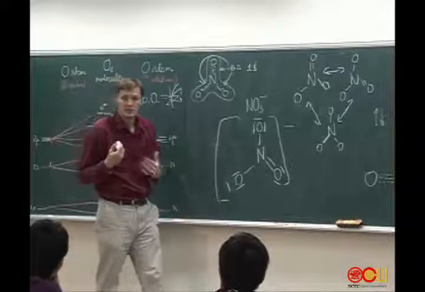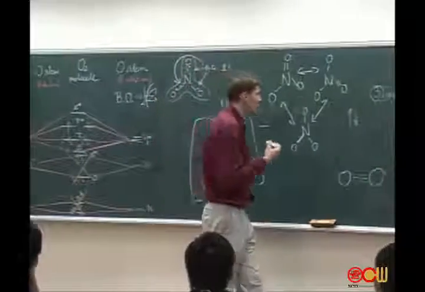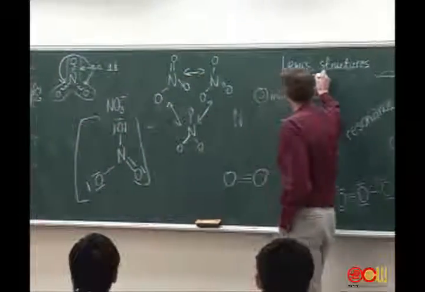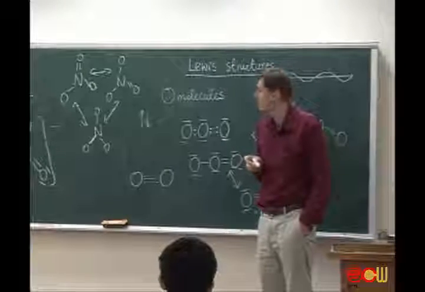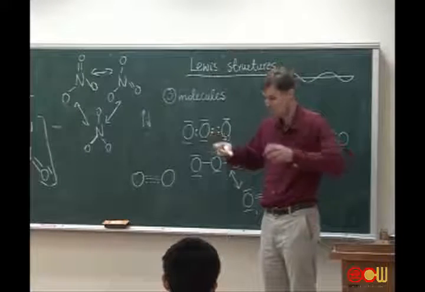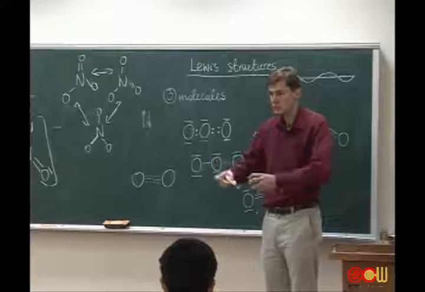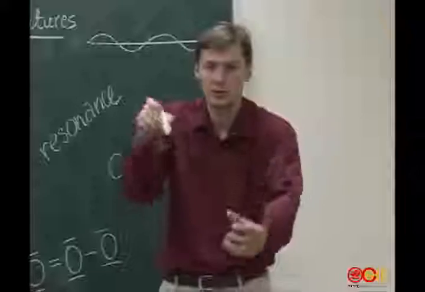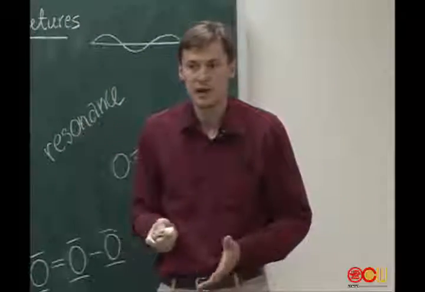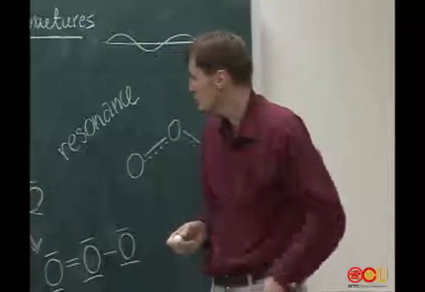So for me, the largest problem that comes from Lewis structures is that Lewis structures always try to describe the molecule as bonds between two atoms. Two atoms make one bond, another two atoms make another bond, another bond, another bond, and you make everything out of bonds. Turns out it's not true.